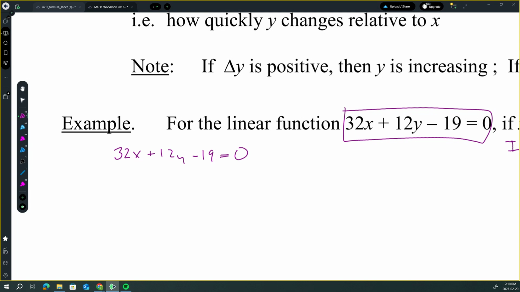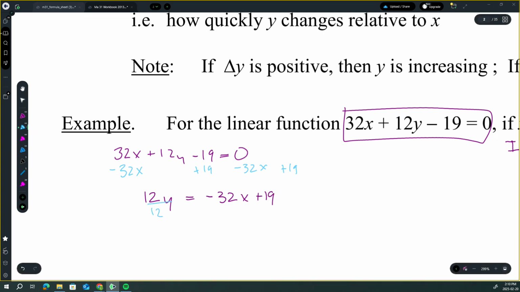So I'm going to get y by itself. I'm going to choose to subtract 32x and add 19. So 12y is equal to negative 32x plus 19. We're going to divide everything by 12.